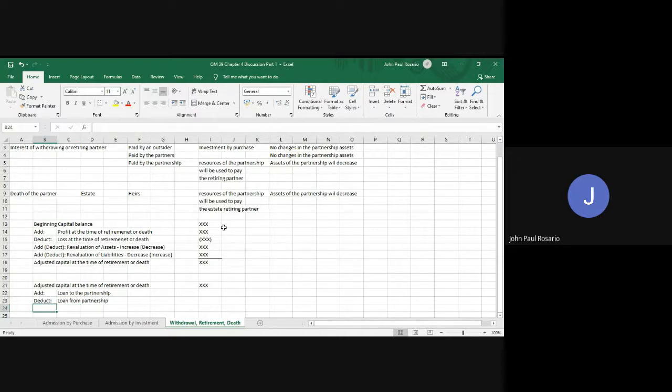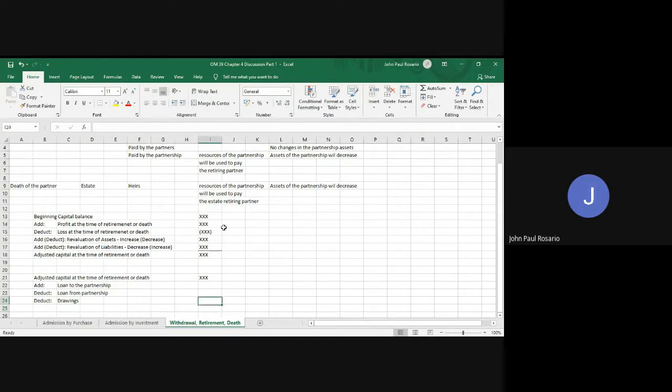And then you have to deduct also withdrawings or withdrawals. And then now you'll get the total interest of outgoing partner.